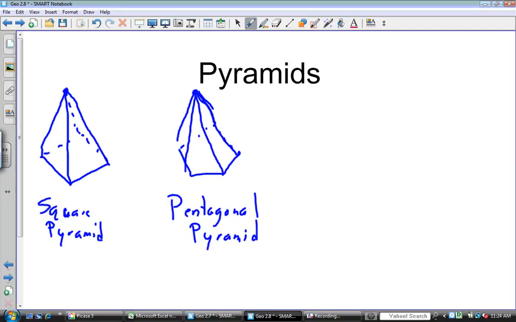Oops, I'll wipe the whole thing out, I guess. So this one will be dotted. Now look at this one. That's a pentagonal pyramid.